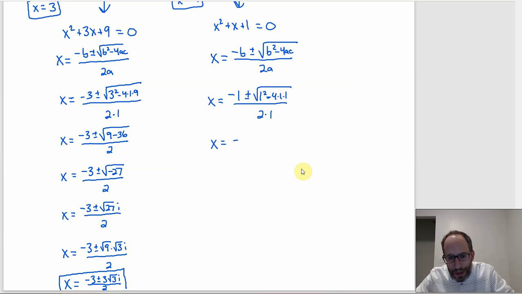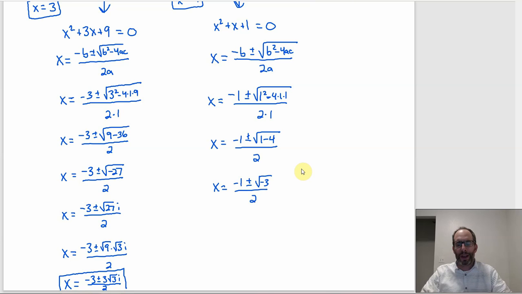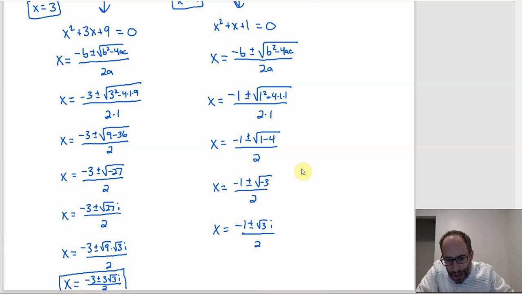So that's going to be negative 1 plus or minus the square root of 1 minus 4 over 2. So that's going to be negative 1 plus or minus the square root of negative 3 over 2. And then we can bring out the square root of negative 1, which would then be an i. So then that's negative 1 plus or minus radical 3 times i over 2. And that should do it.